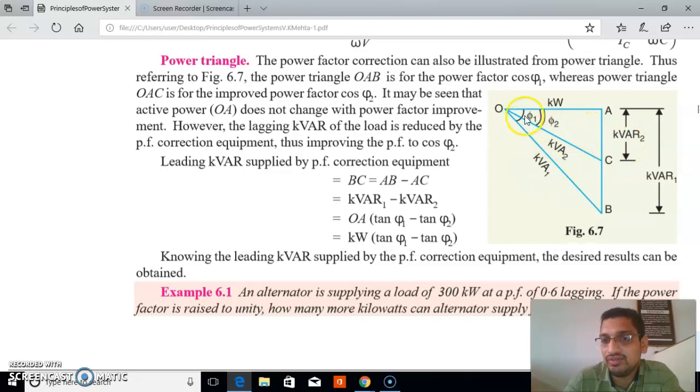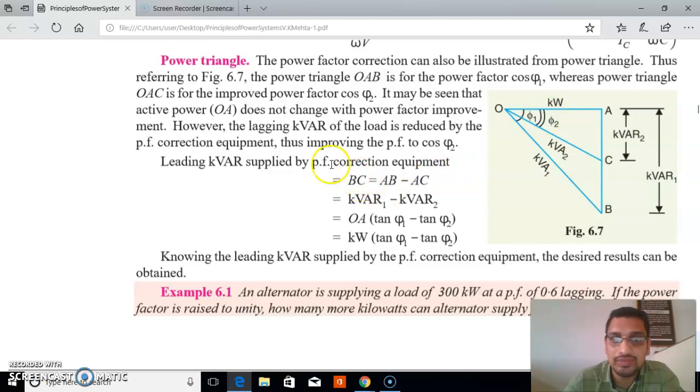Phi 1 is the angle between kilowatt and kVA1, that is the angle in the circuit before the power factor correction. kVAR2 is the reactive power after the power factor correction. kVA2 is the apparent power after the power factor correction, and phi 2 is the angle between kilowatt and kVA2, the angle after the power factor correction.